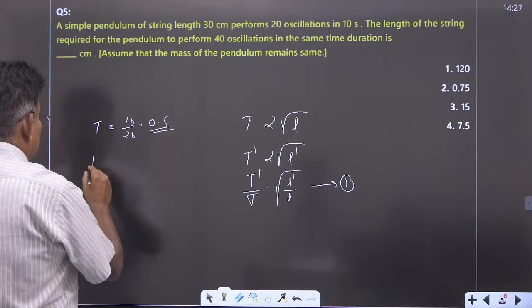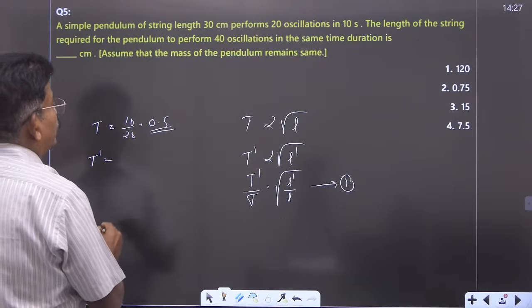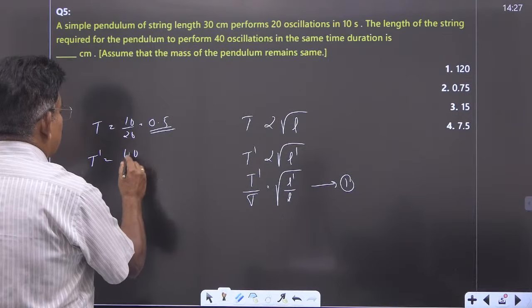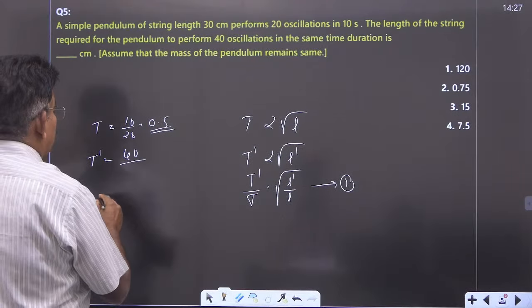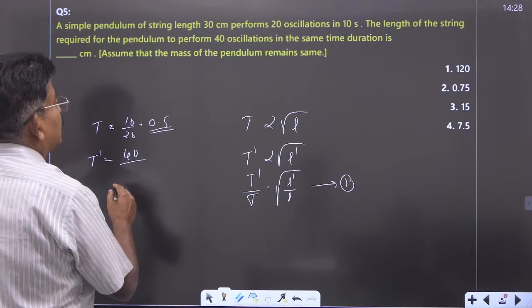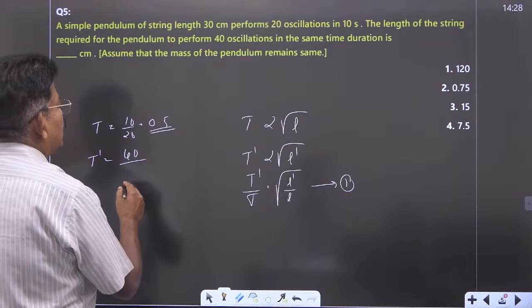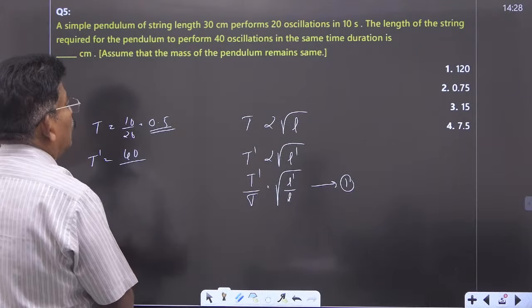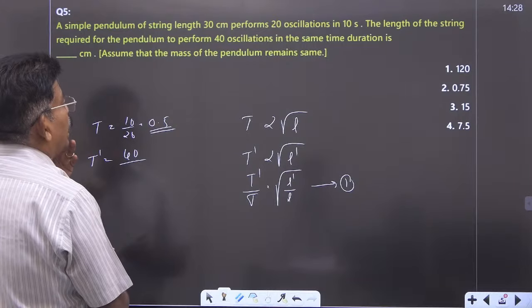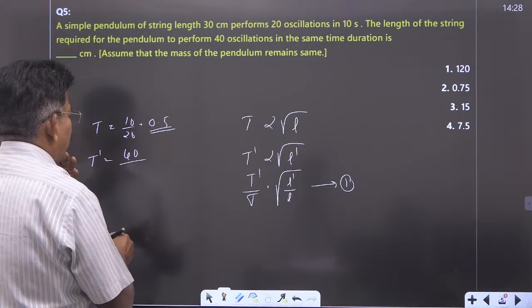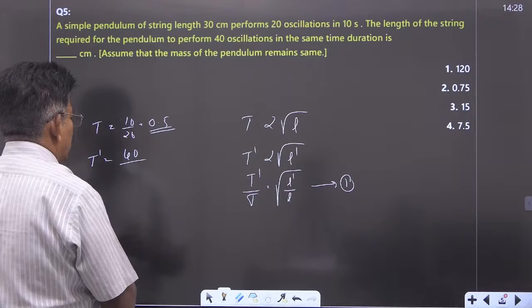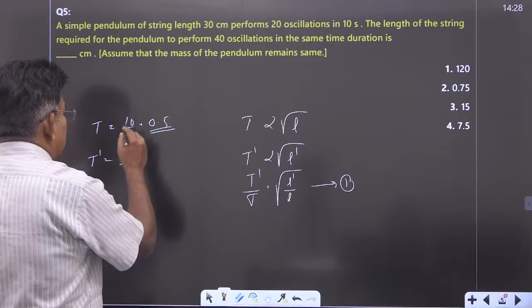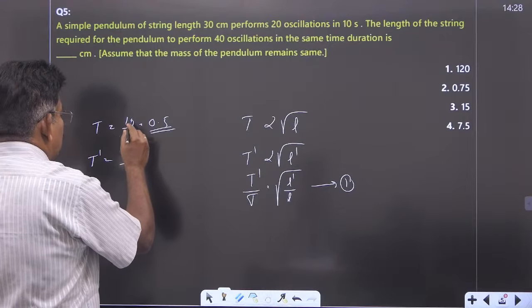Second case, T dash: how many oscillations? 40 oscillations in how many seconds? Time period is time for 1 oscillation. For 20 oscillations, 10 seconds, therefore 1 oscillation, 10 by 20.